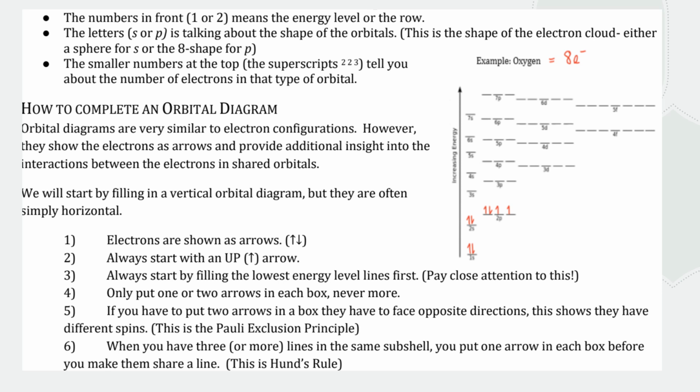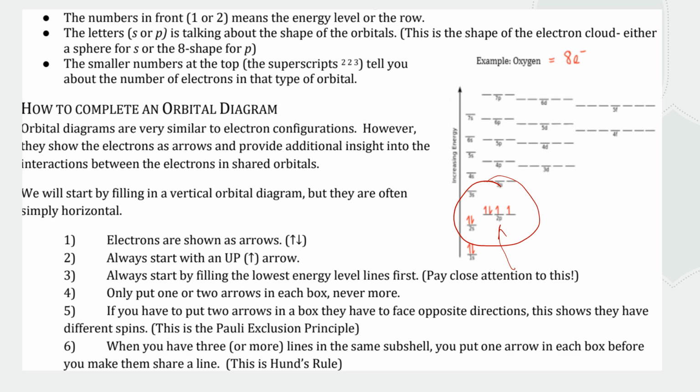If you'll notice here in the 2p, there are 4 electrons, but they did not pair up in that second orbital. They used one of the rules to make sure that each orbital has 1 electron, and then you pair up afterwards.